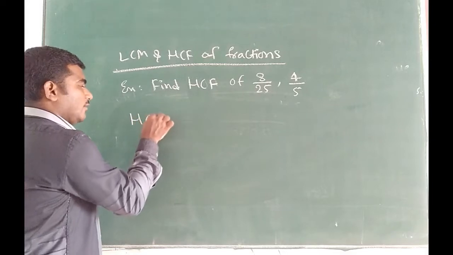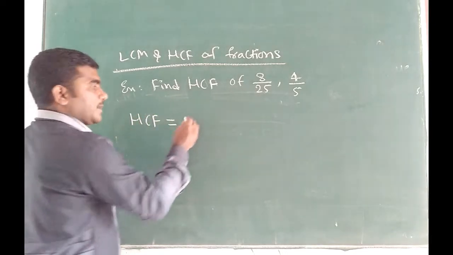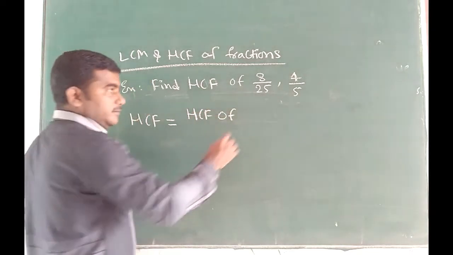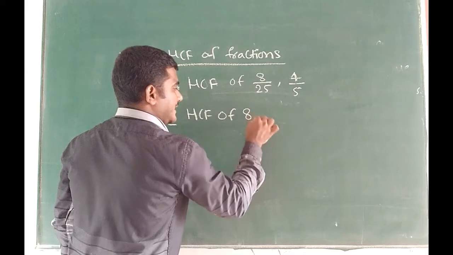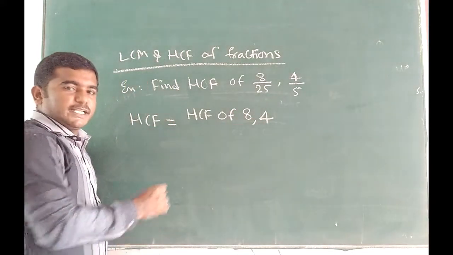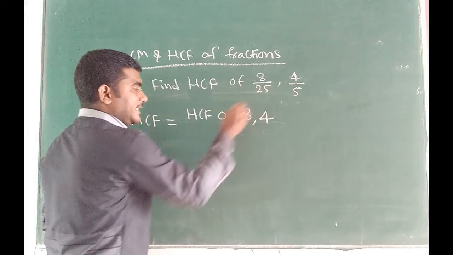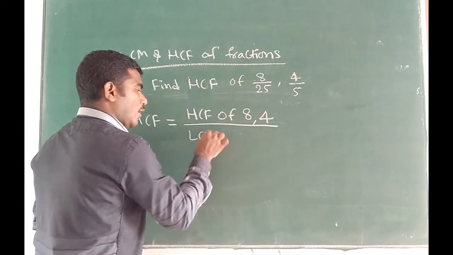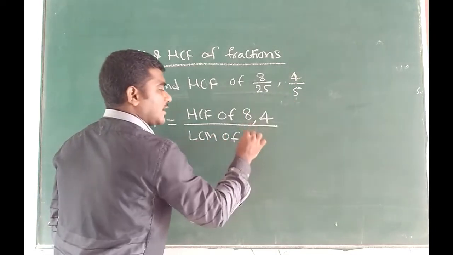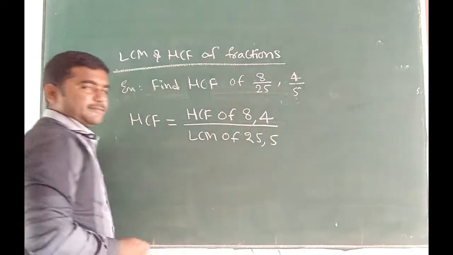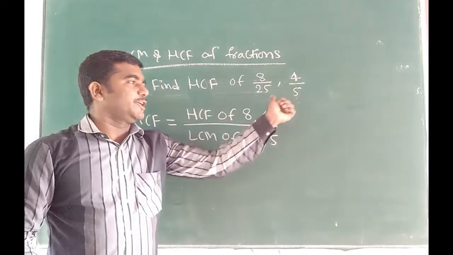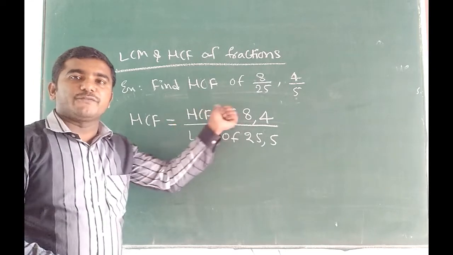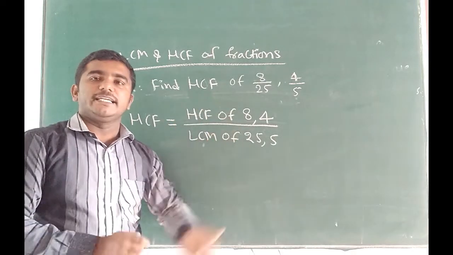The HCF of the fractions is equal to the HCF of numerators, which are 8 and 4, divided by the LCM of denominators, which are 25 comma 5. So find the HCF of numerators and the LCM of the denominators.